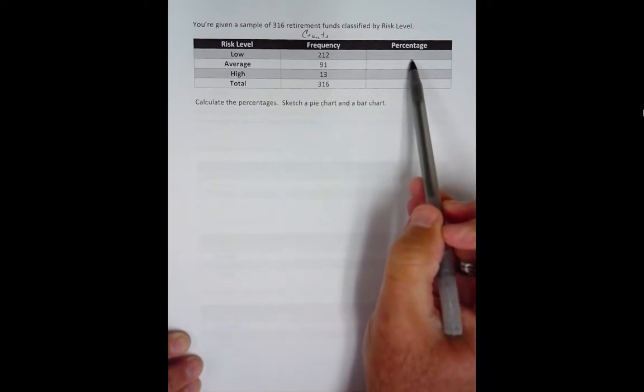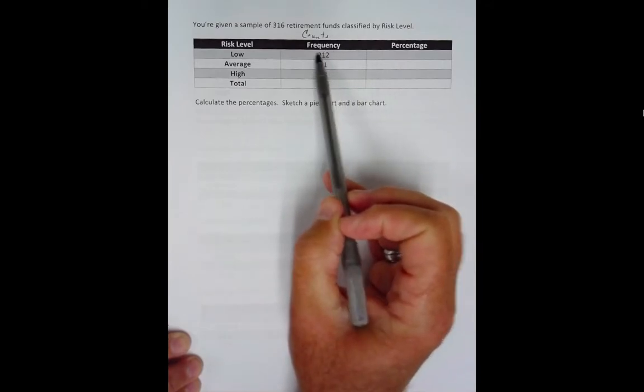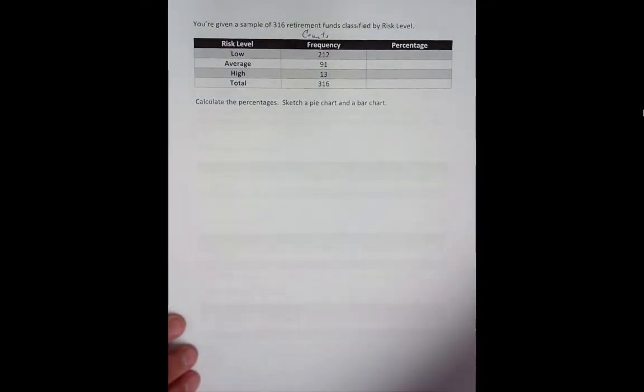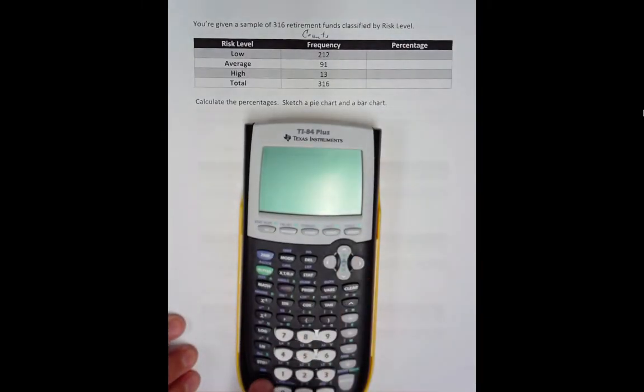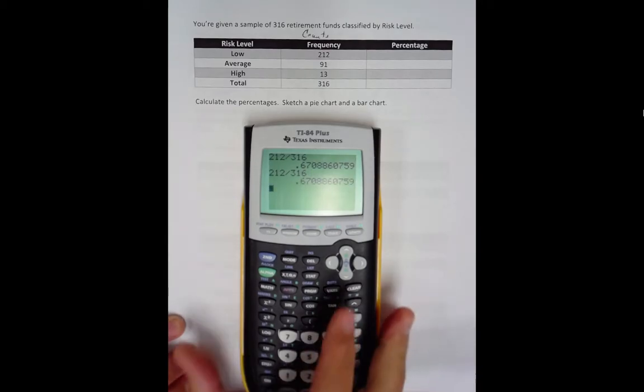If we're going to take the percentage, it's as simple as taking the count for the risk level low divided by the total of 316 and multiplying by 100. The hardest thing we have to do here is decide where to round our final answer.